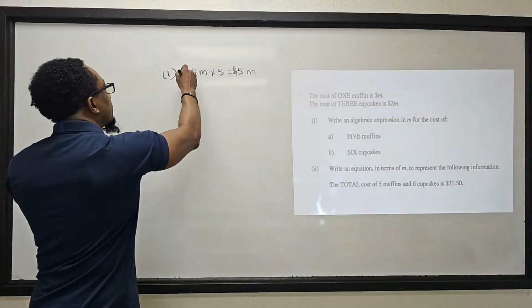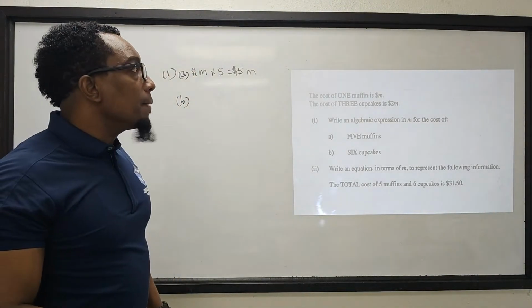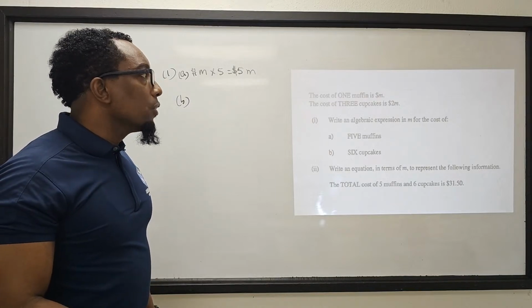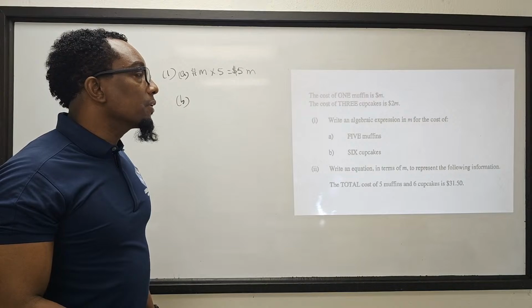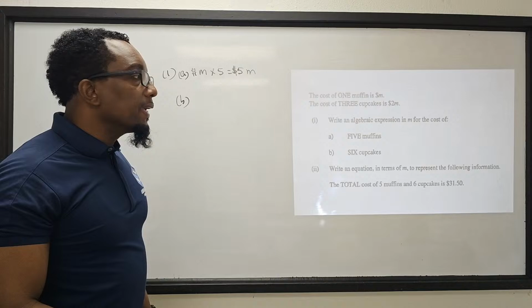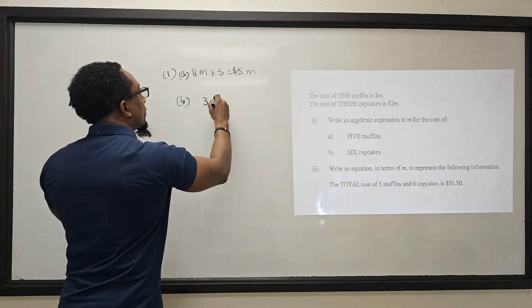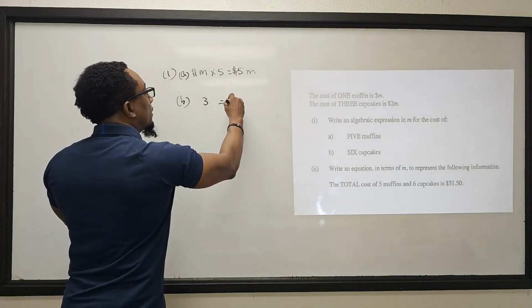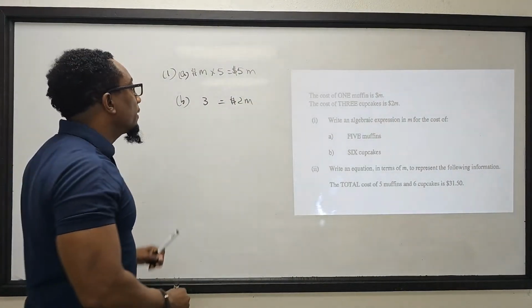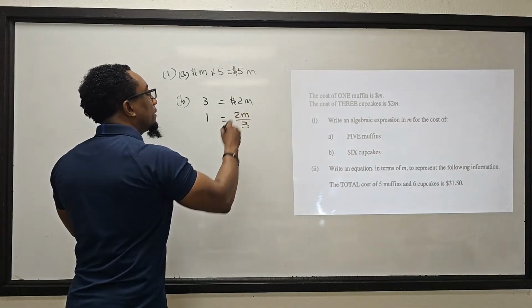Part B, 6 cupcakes. Good? So, if you want to determine the cost of 6 cupcakes, you can do it like this: if 3 cupcakes is equal to $2m, then 1 cupcake is 2m divided by 3.